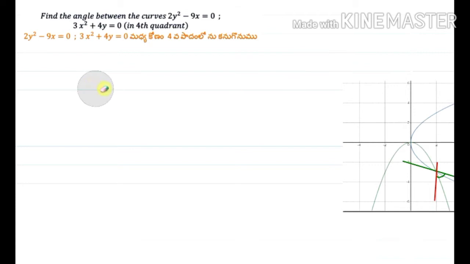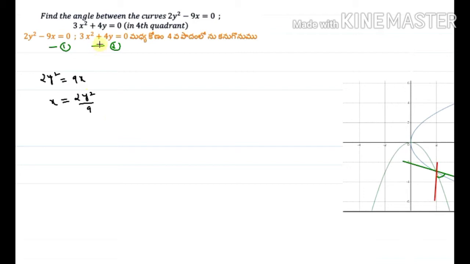Again this is a question: find the angle between these two curves, and the point lies in the fourth quadrant. For that we have to solve the first equation and the second equation. So from this I can write 2y square is equal to 9x, x is equal to 2y square by 9. Now substitute in the second equation.